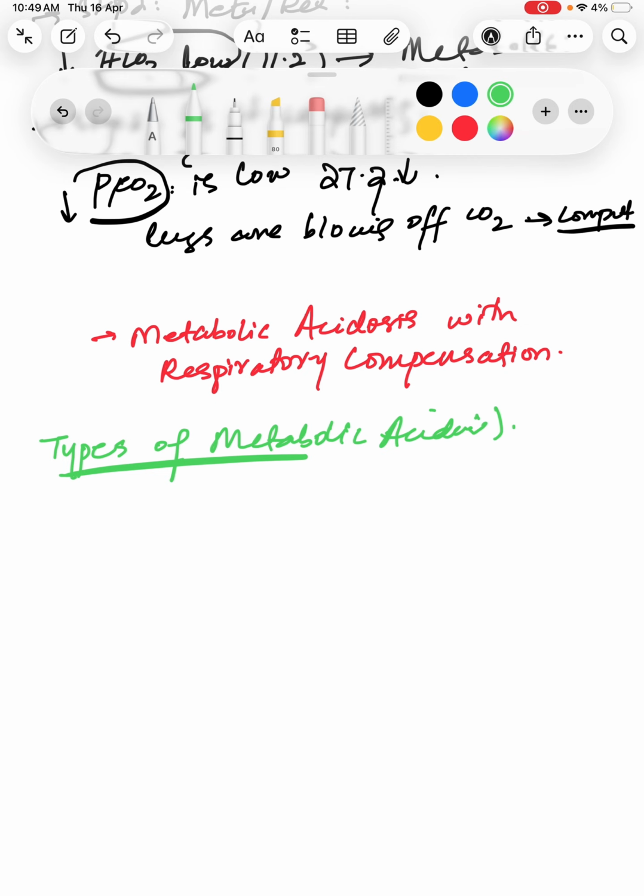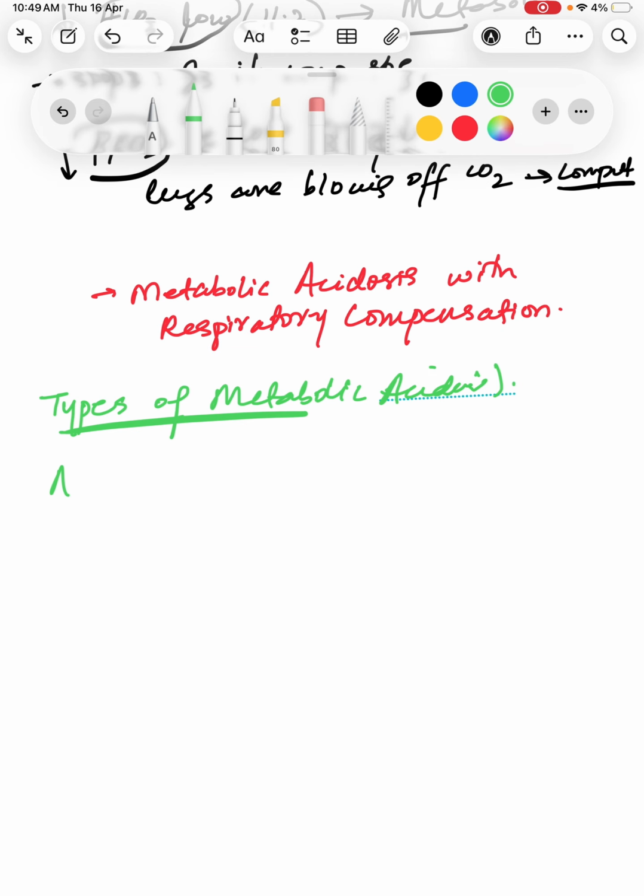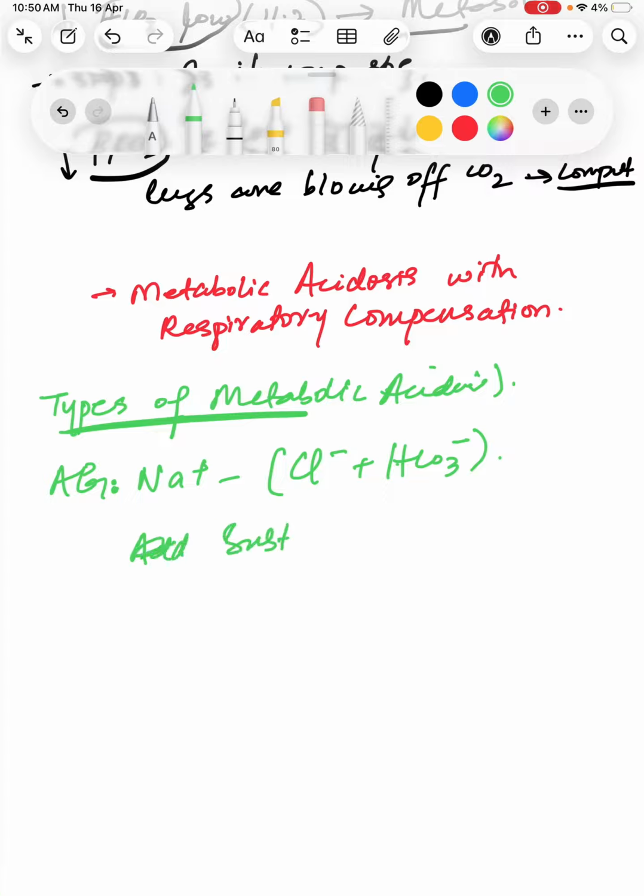So, we will get to know these types by anion gap, and anion gap is a formula which is sodium minus chloride plus HCO3.